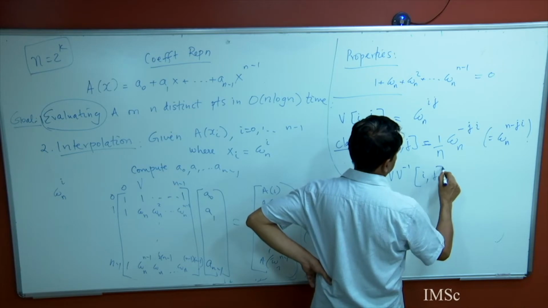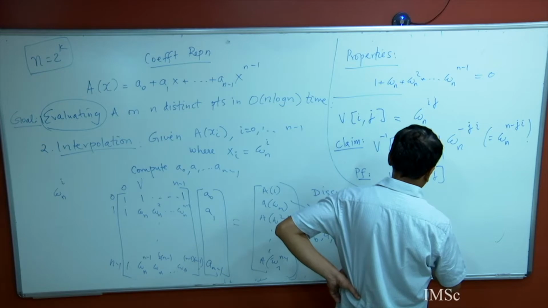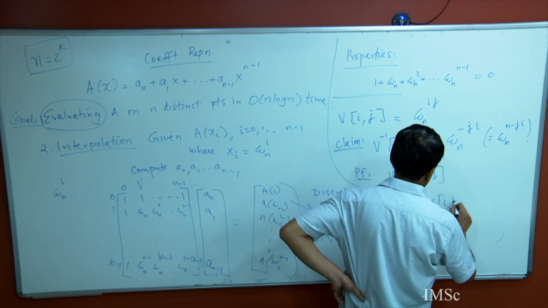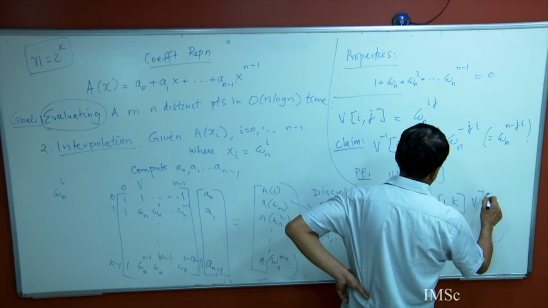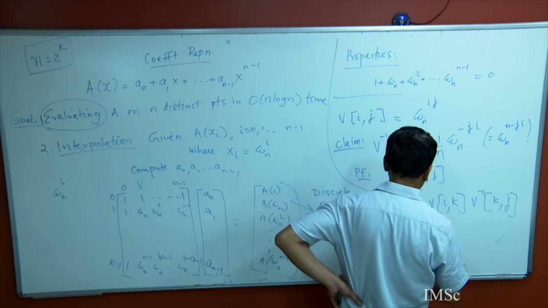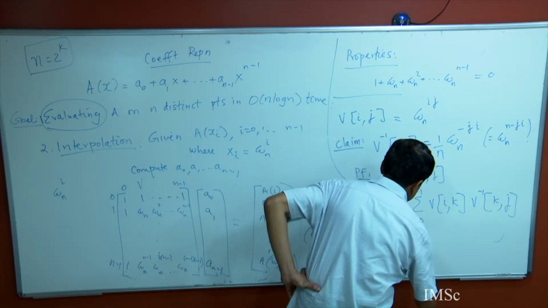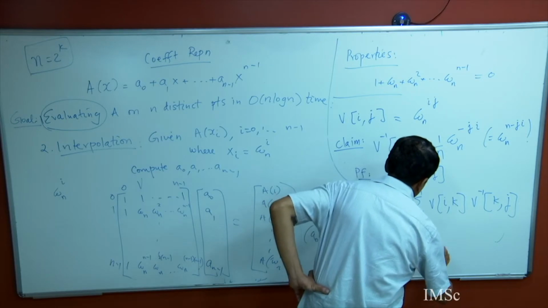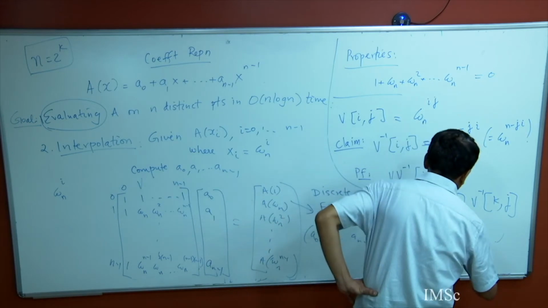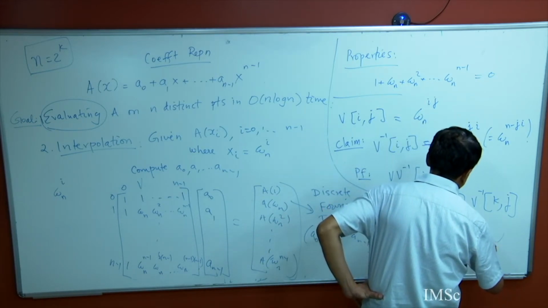Let's look at the ijth entry of the product. It is the summation over k from 0 to n minus 1 of V_ik times V inverse_kj, which is the summation of omega_n to the power ik times omega_n to the power minus jk.